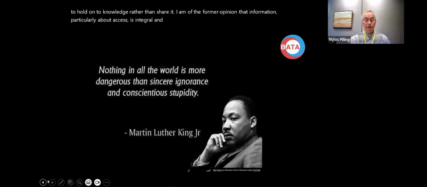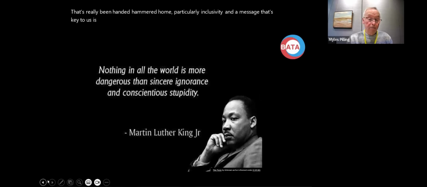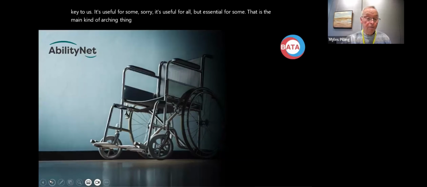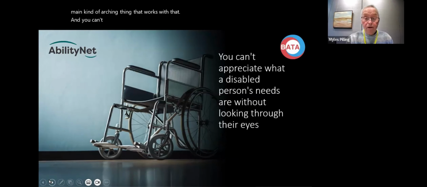And certainly some of the sessions that I've attended this morning, that's really been hammered home, particularly inclusivity. And a message that's key to us is it's useful for some, it's useful for all, but essential for some. That is the main kind of arching thing that works with that. And you can't appreciate what a disabled person's needs are without looking through their eyes.